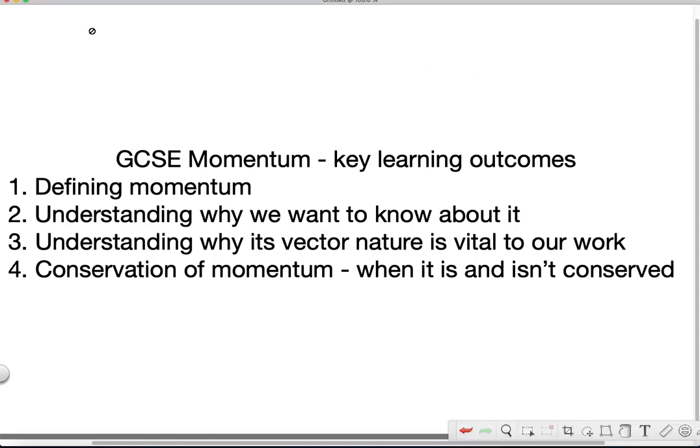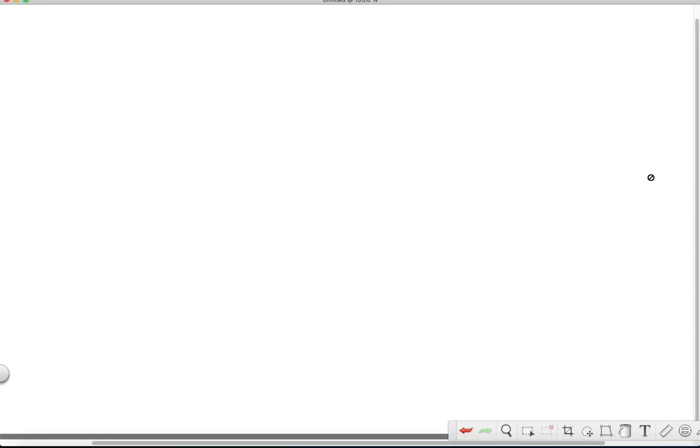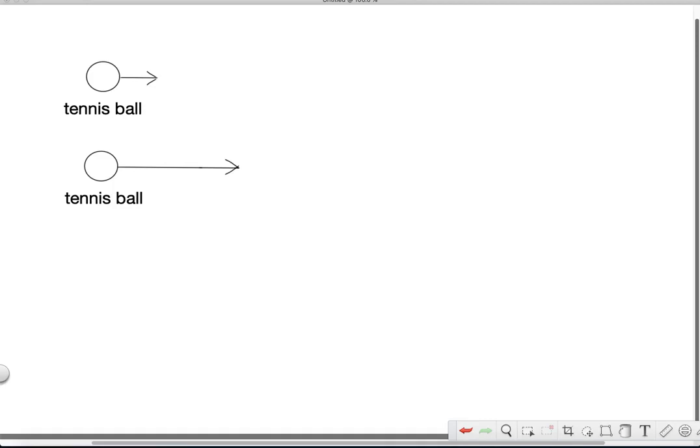So, let's consider two masses. Let's say these two masses are the same. Let's say they're both tennis balls, and those tennis balls are moving with different velocities.